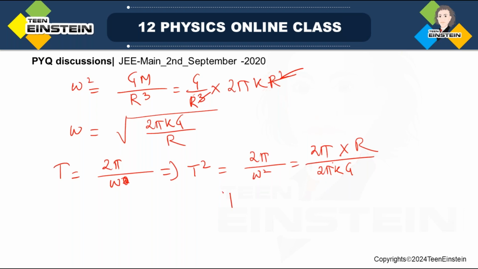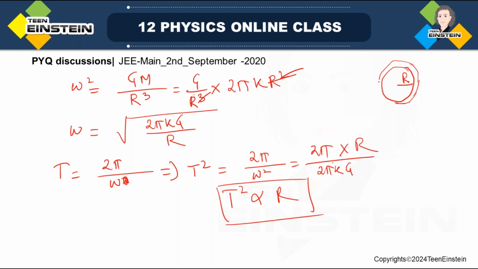So you can see T square is directly proportional to R in this case. But one thing more I have considered here: I have just considered the galaxy as a sphere of radius capital R, and the star is just rotating near the surface of this.